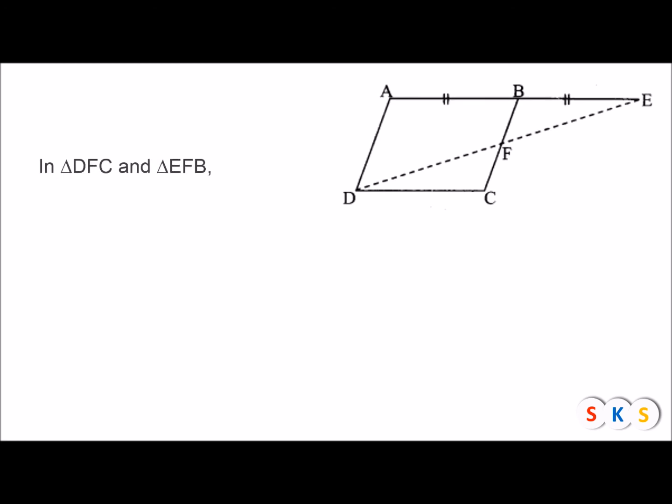Now in triangle DFC and in triangle EFB, we will take these two triangles. You can see in this figure. Now in these two triangles, we will find which parts are congruent, right? Which parts means which angles and which sides of these two triangles are congruent. Since we are going to prove these two triangles congruent, let's see over here side BE and side DC. Can you see in this figure side BE and side DC are congruent? From equation number 3 we have already proved it above.